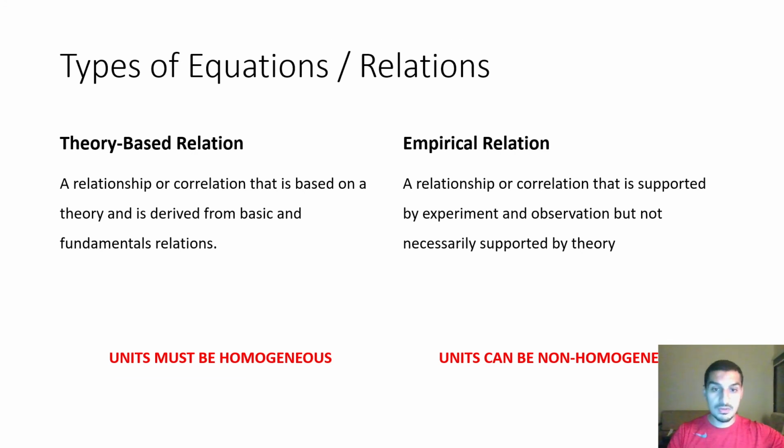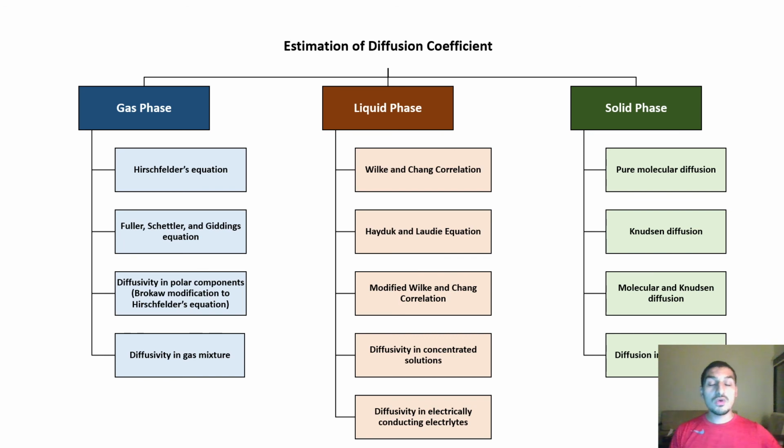So what we're going to do in the next videos until we finish this chapter is to discuss some of the most famous equations that have been produced to predict the diffusion coefficient in the gas phase, in the liquid phase, and in the solid phase. We have many equations.